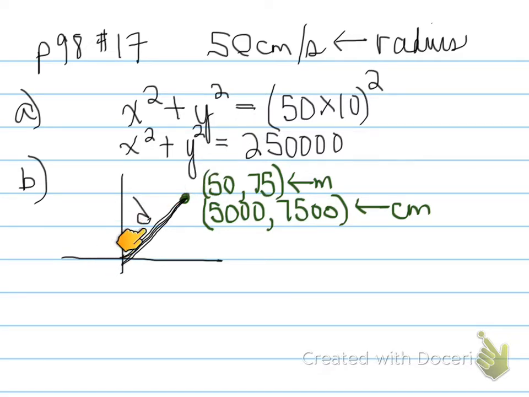You're finding the distance of this line, from 0, 0 to 5,000, 7,500. Using the distance formula, we find the length in centimeters, and we divide it by the speed to find out how long it will take for the ripple to reach her. And like I said, it's about 180 some odd seconds.